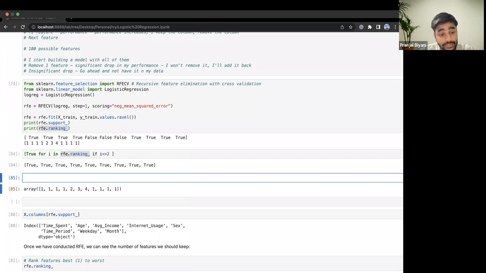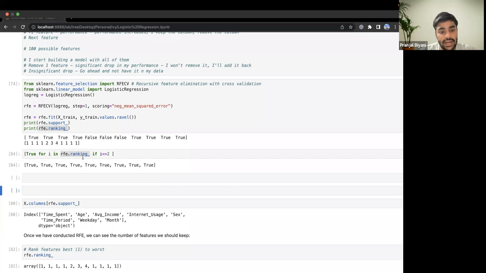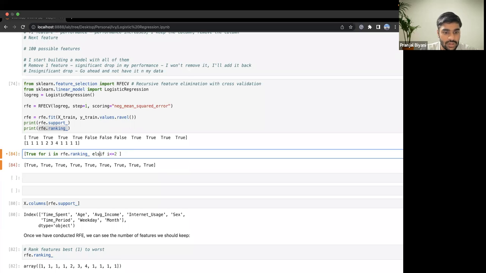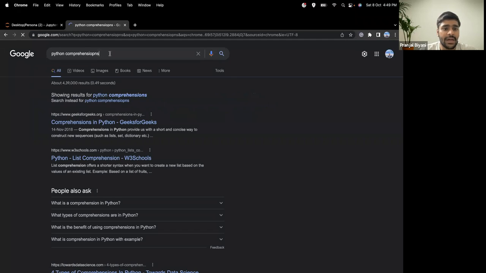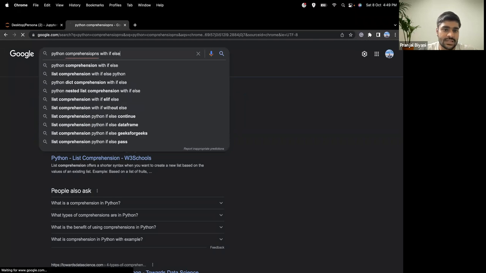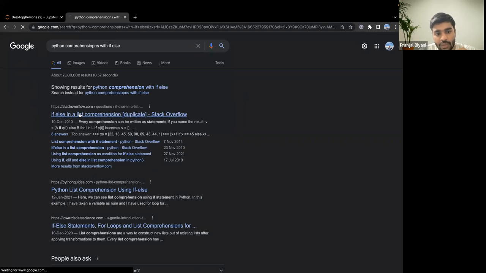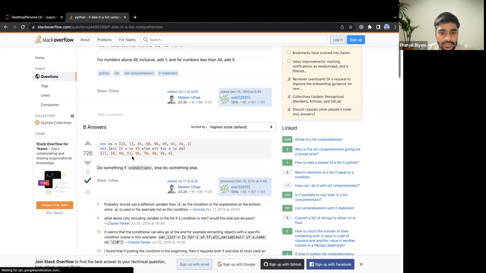True for i in RFE ranking. Should we specify the range? नहीं, रेंज स्पेसिफाई नहीं करना है. Python comprehensions with if else. I think मैं सिंटैक्स में कुछ गड़बड़ कर रहा हूँ. Yeah, sorry, my bad.